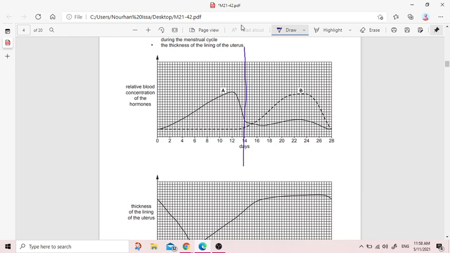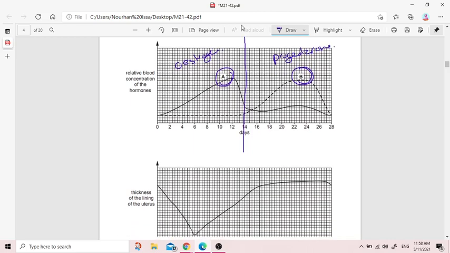In the first phase, which is the first 14 days, which hormone increases? Hormone estrogen. While in the second 14 days, the hormone that increases is progesterone.